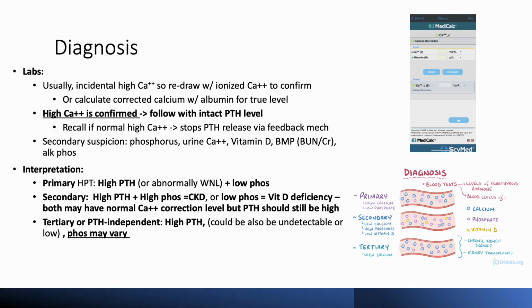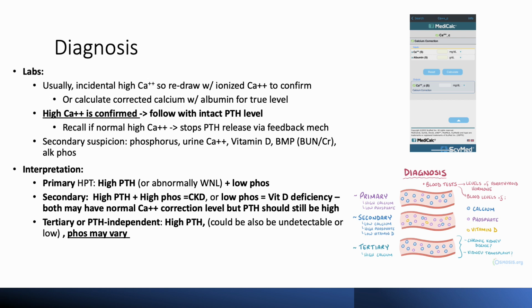So our diagnosis of hyperparathyroidism is going to be based first and foremost on blood tests that we want to confirm that there are indeed high levels of calcium. So we want to use our MedCalc and do our calculation, adjust.